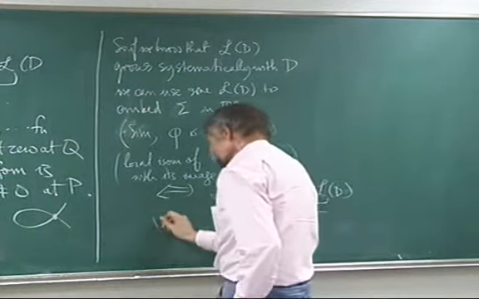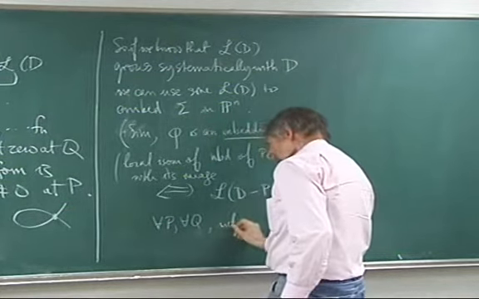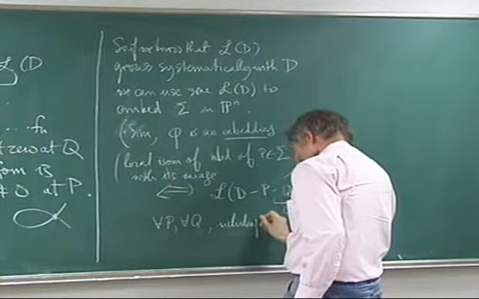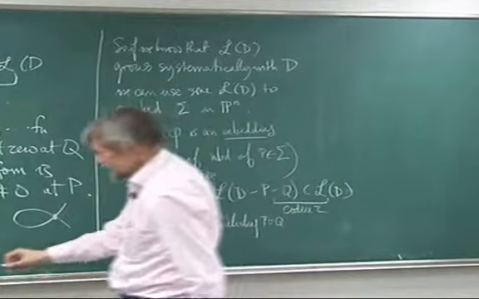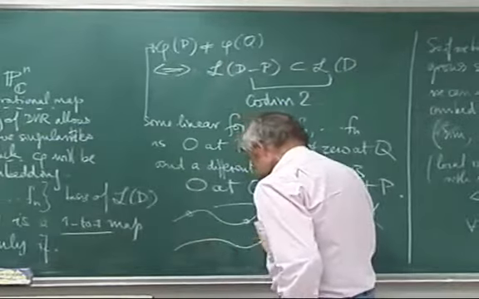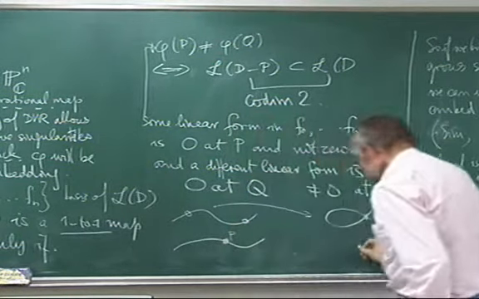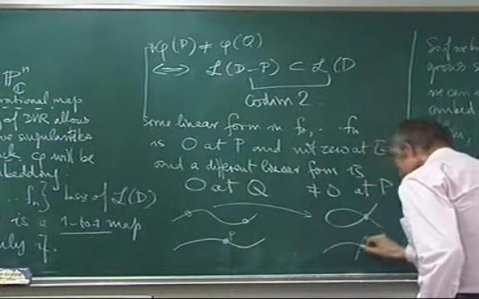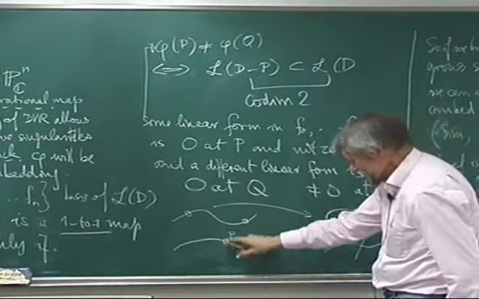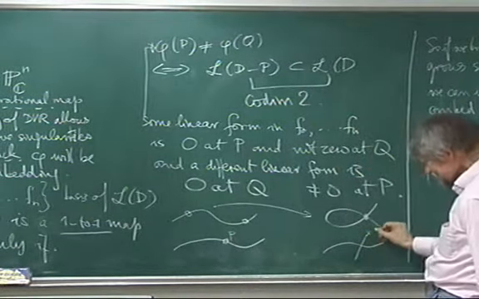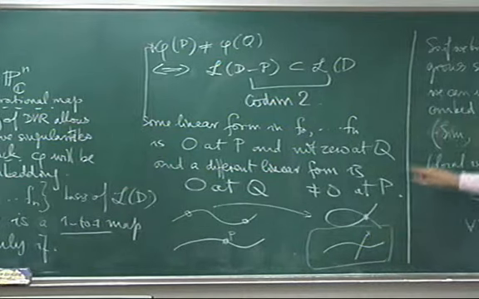This is for all P and all Q, including P equals Q. Right. So this includes a statement. If I have a point P here, I want to be able to find a function that vanishes here. So I want to find an x that vanishes at P with multiplicity 1, so I want to find some linear combination of these functions.